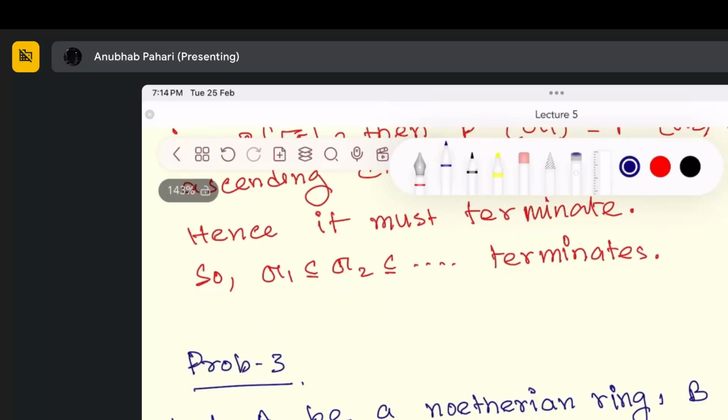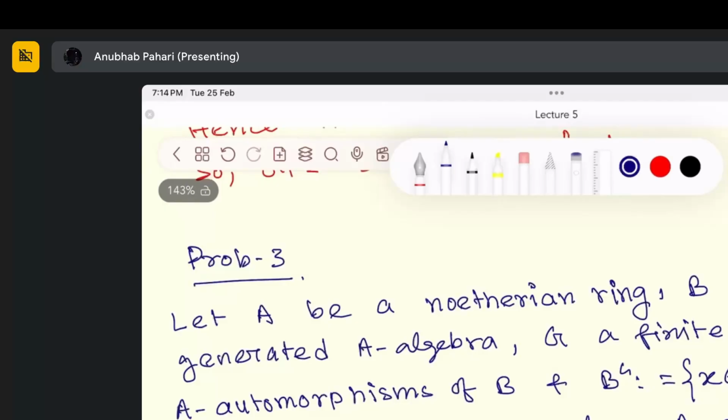The interesting thing to notice is that B^G is a finitely generated A algebra. This theorem is very useful in a topic called geometric invariant theory in algebraic geometry. So I thought this might be helpful for those of you who are hoping to have a career in algebraic geometry.